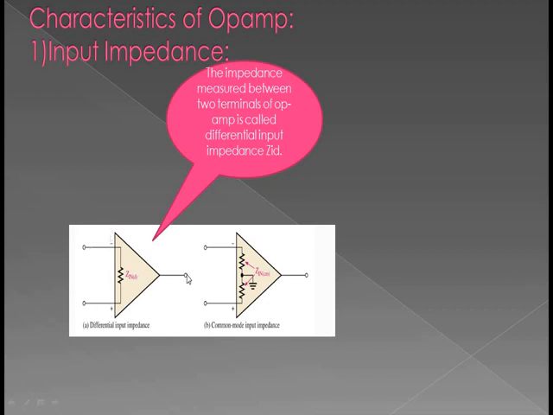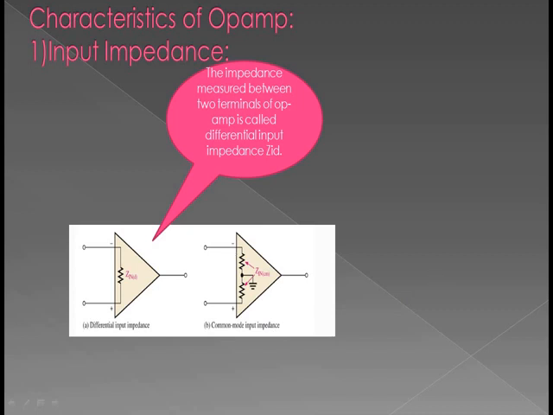There are two types. First one is differential input impedance. The resistance between the two terminals of op-amp is called differential input impedance, whereas the resistance or the impedance from terminal to ground is called common mode input impedance.